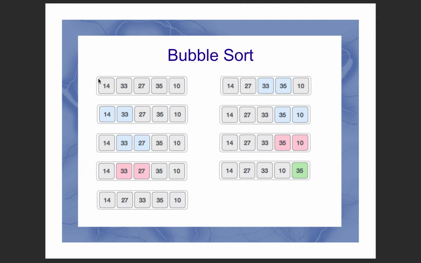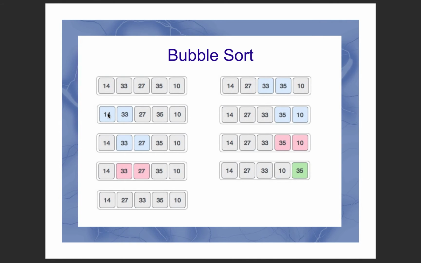Since this array is not sorted, it checks whether 14 and 33 are in order. It is trying to order in ascending order, and 14 is smaller than 33, so they are in order and don't need to change their places.